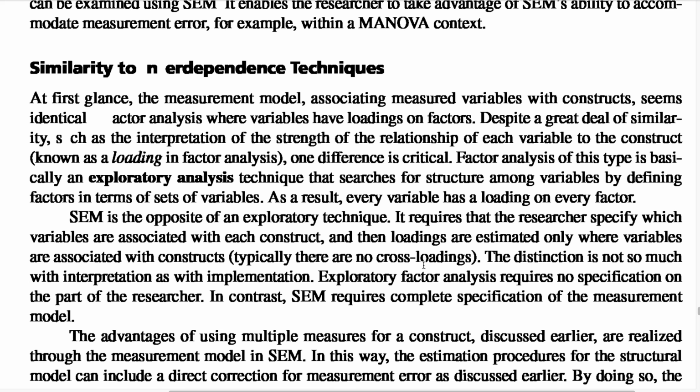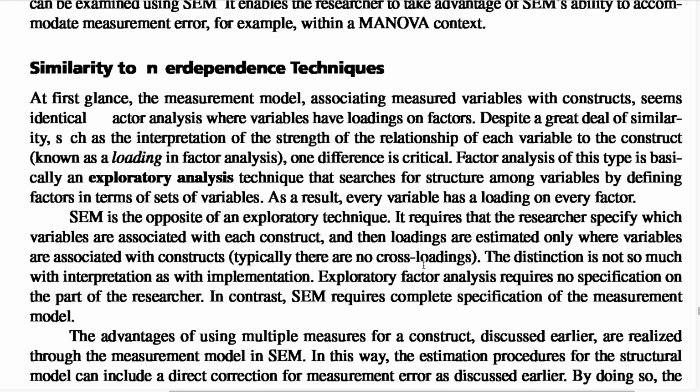One critical difference is that factor analysis of this type is basically an exploratory analysis technique that the researcher uses to look for structure among variables by defining the factors in terms of sets of variables. As a result, every variable has a loading on every factor.